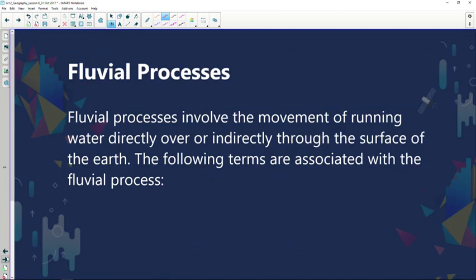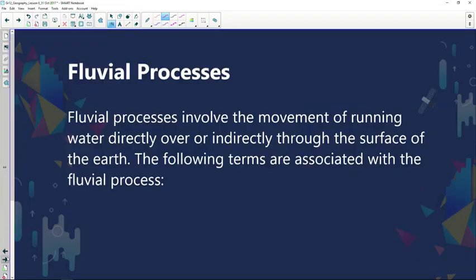The fluvial process is the movement of running water over the land, over the surface that it runs. Now, water runs on the surface in two ways: indirectly and directly, on top of the surface and below the surface. And we need to be able to distinguish between these different flow patterns.